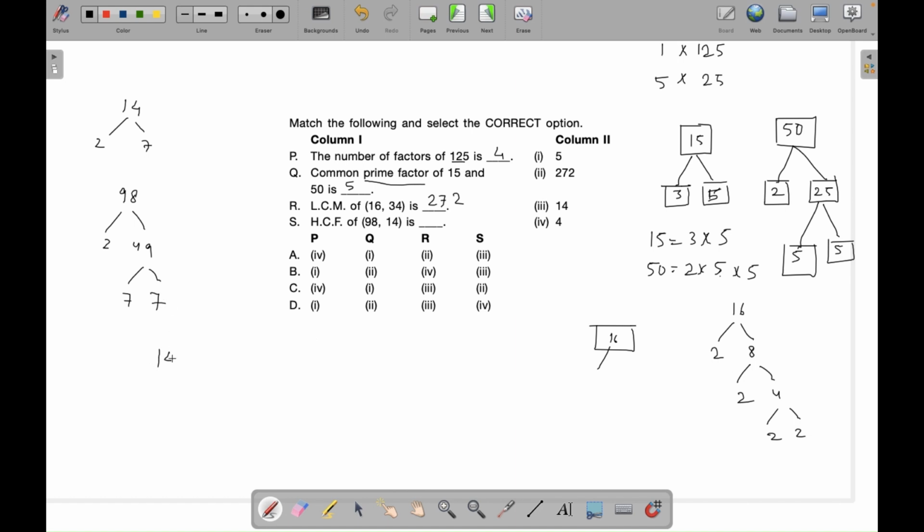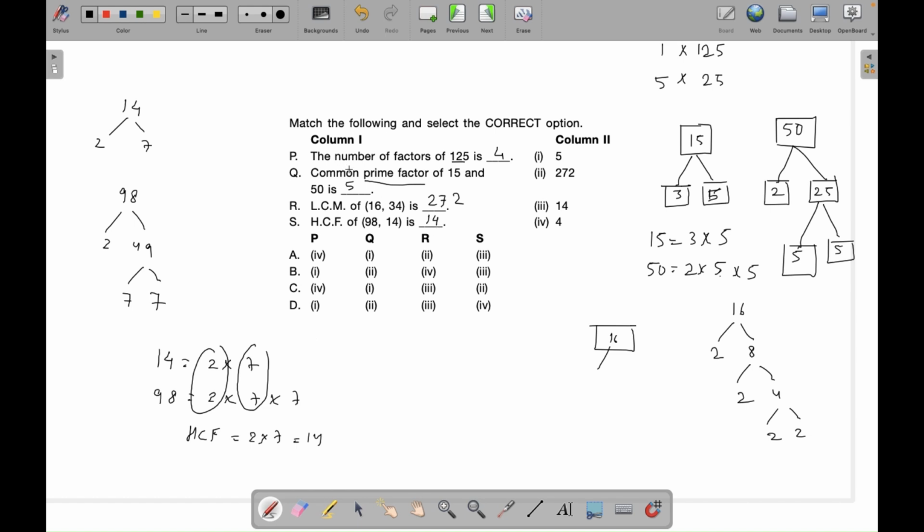Right, so 14 will be 2 times 7 and 98 will be 2 times 7 times 7. So what is common? 2 and 7. So that will be the HCF. So HCF is 2 times 7, which is equal to 14.